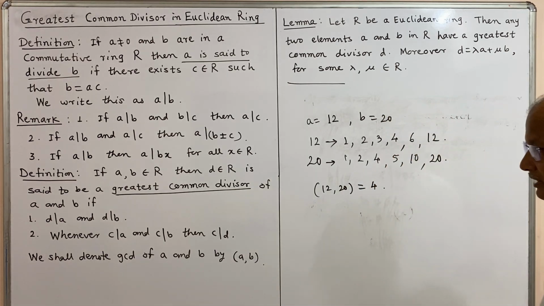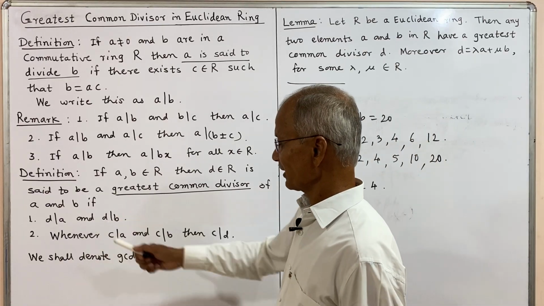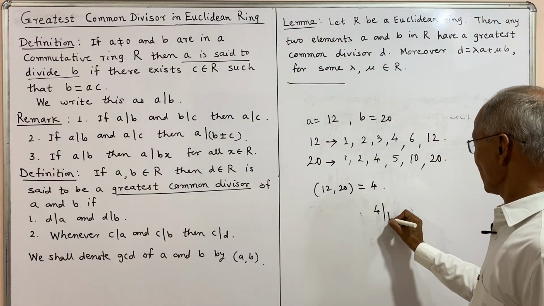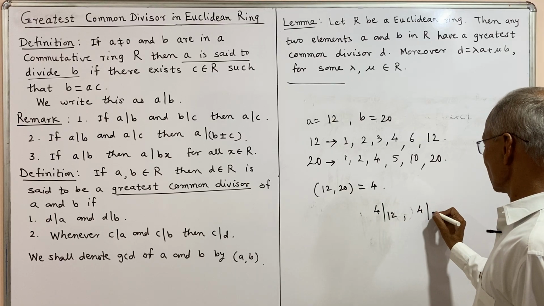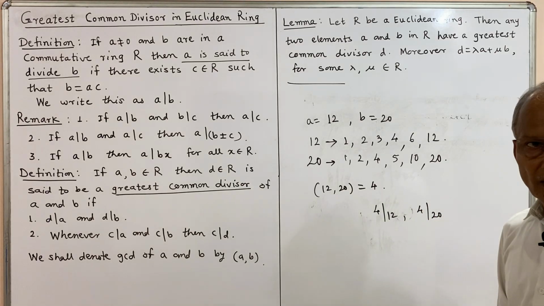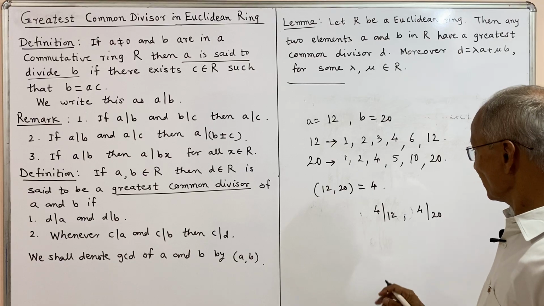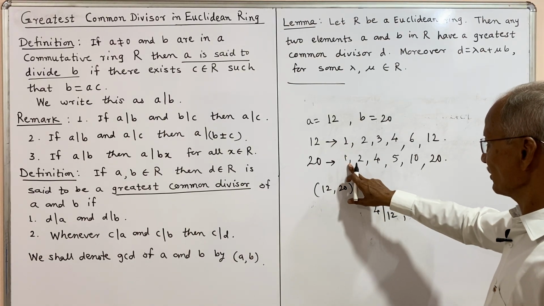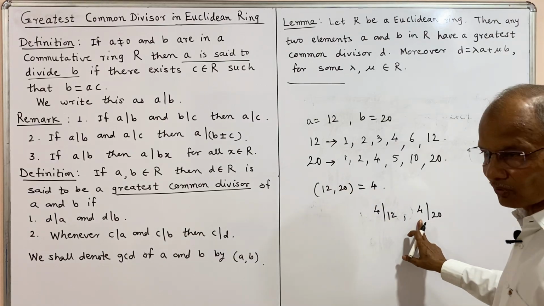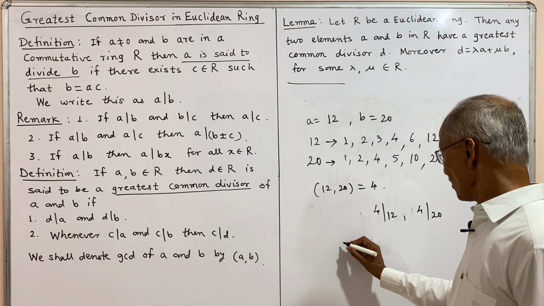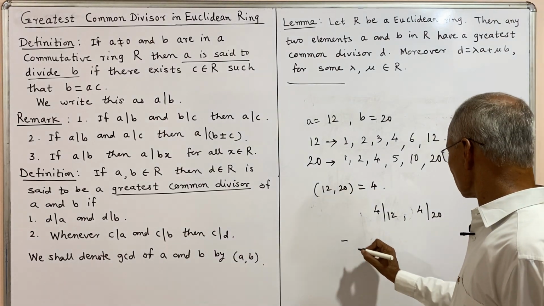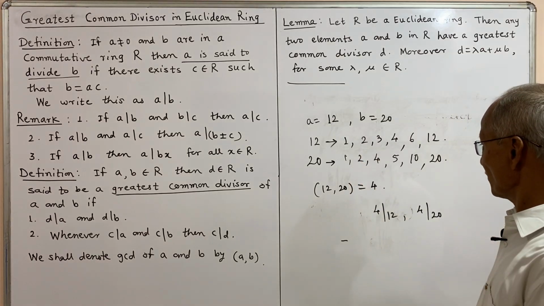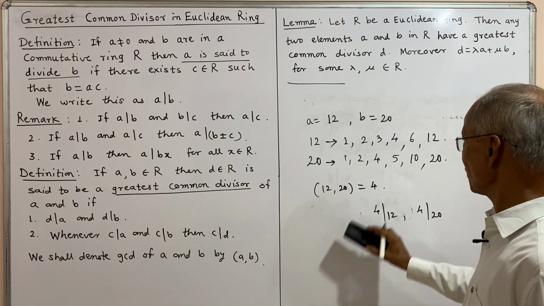And now obviously these two conditions are satisfied, that this 4 divides 12 and 4 divides 20. Further, if another divisor is considered, you may see that 1 is also a divisor and 1 divides 4. 2 is also a common divisor, but 2 is not the greatest, 4 is the greatest.